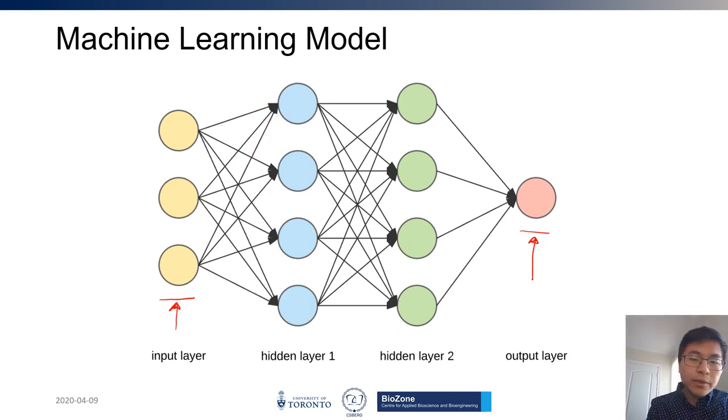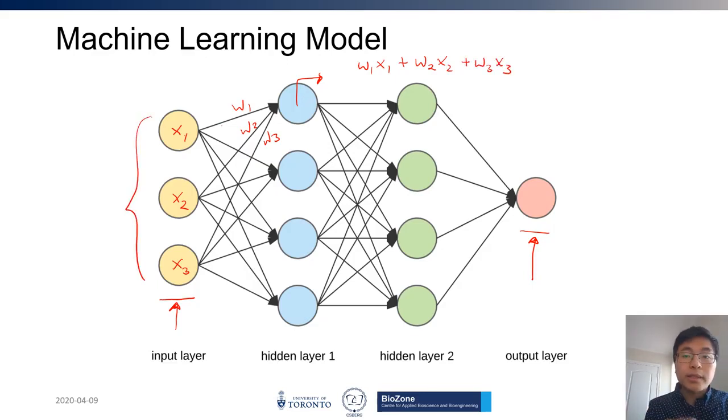So suppose we had this first node as x1, this one is x2, and this one is x3. Then suppose we had weights w1, w2, and w3 along these edges. Then the value that's going to be computed at this node is simply a weighted sum: w1 x1 plus w2 x2 plus w3 x3.